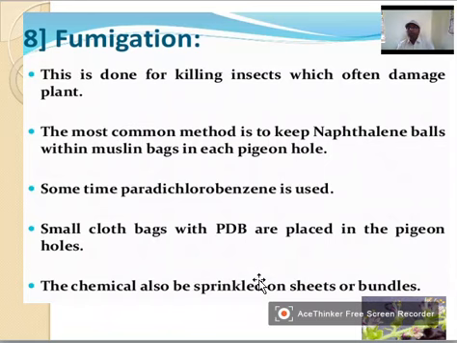The most common method is to keep naphthalene balls in muslin bags in each pigeon hole. Sometimes para-dichlorobenzene is also used. Small cloth bags with para-dichlorobenzene are placed in the pigeon holes. The chemical can also be sprinkled on sheets or bundles.